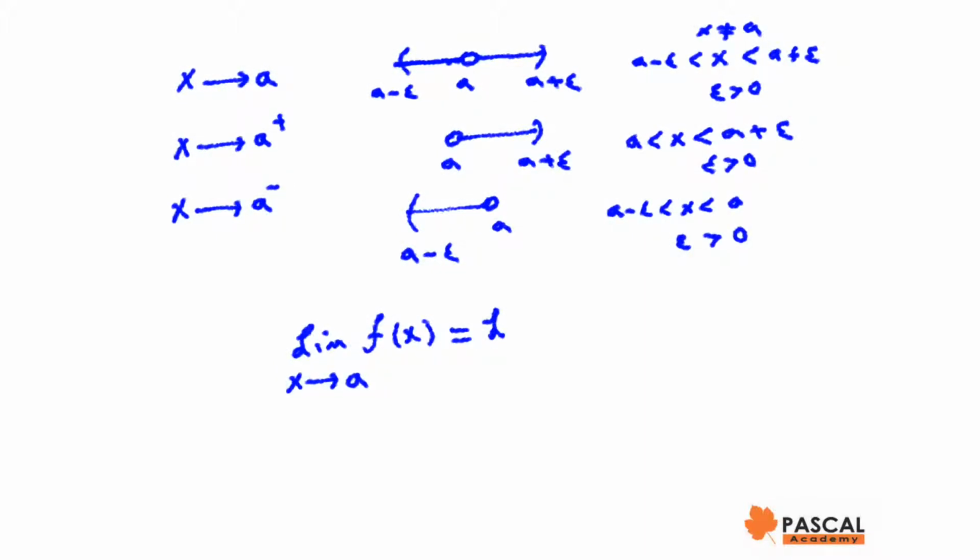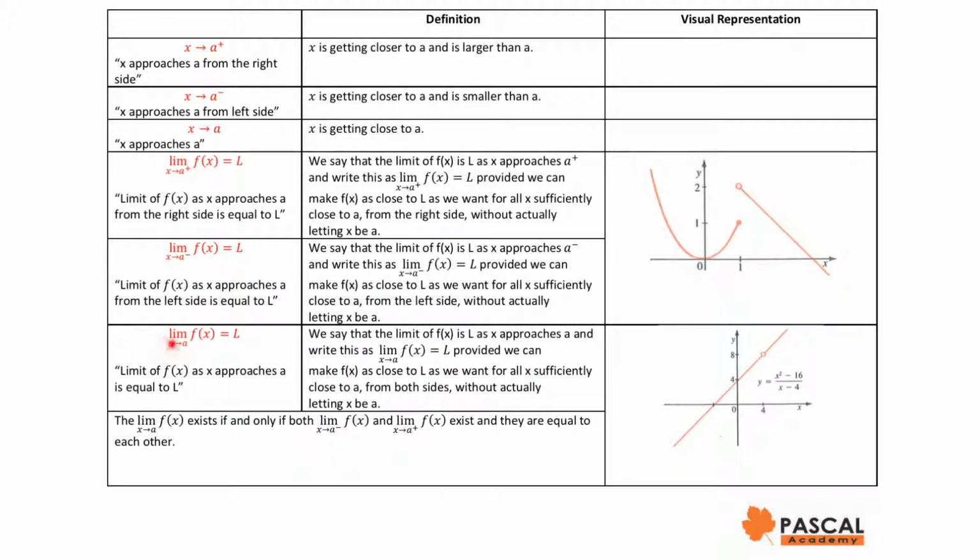Let's explain the meaning of limit of f of x as x approaches a equals L. Limit of f of x as x approaches a is L, provided that we can make f of x as close as possible to L for all x sufficiently close to a from both sides. And x cannot be equal to a.